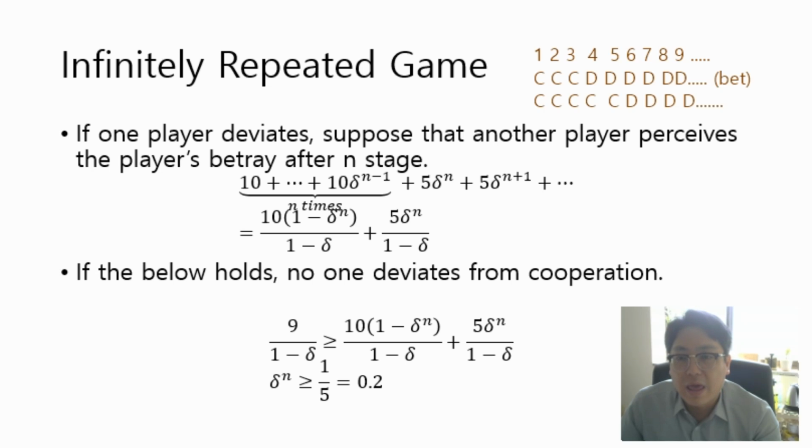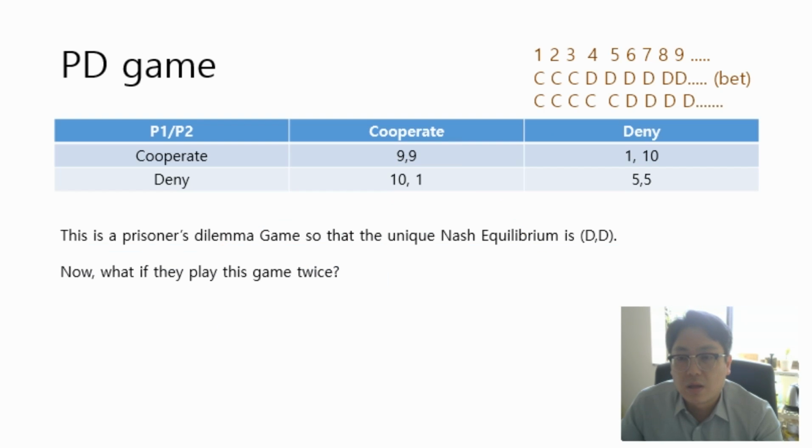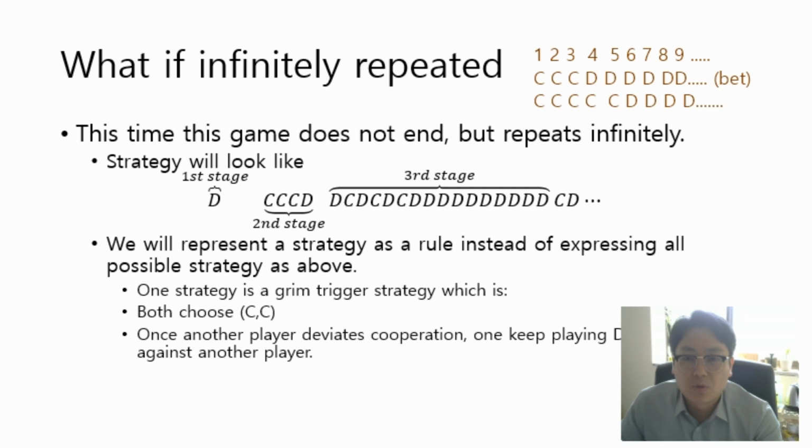But after n terms, the second player will recognize that the first player has already betrayed. Then they just carry on that green trigger strategy. This second player will play deny forever to punish the first player.